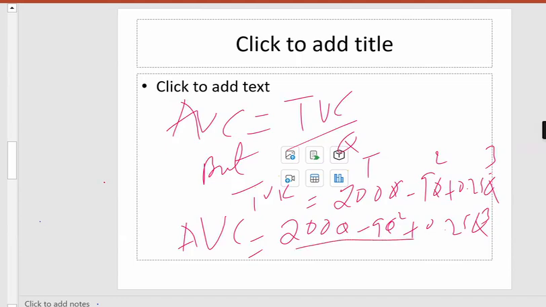You divide by Q. That means you will get the average cost. When you divide by Q, the Q cancels. Dividing by Q, it will be 9Q, right? Plus 0.25Q square, because one Q has gone. Okay?